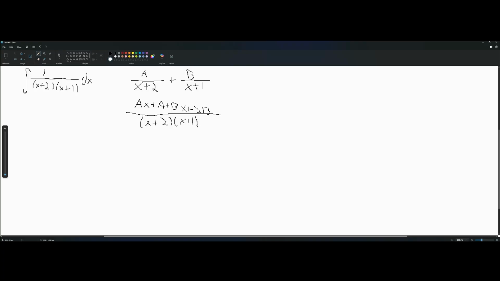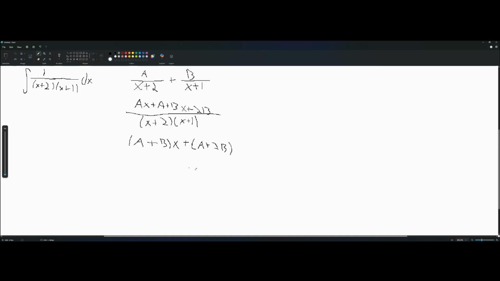And now we can group our x's and our constants together, and we see that we have (a plus b) with this x on the outside, plus another parenthesis, a plus 2b.